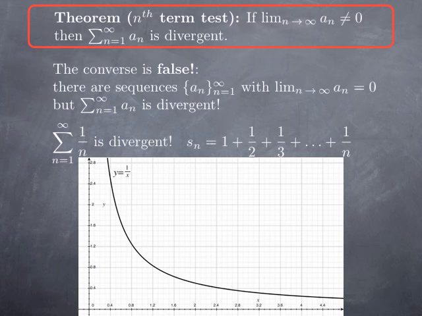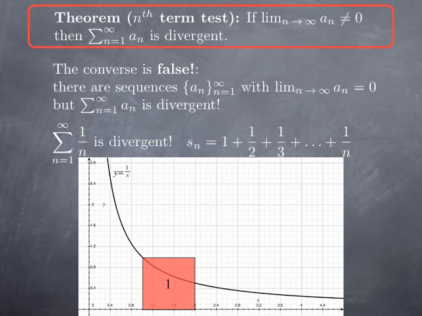Specifically, 1 can be represented as the area of the square that has one side on the x-axis on the interval from 1 to 2, and whose height is given by the value of the function 1 over x at the left-hand point, which in this case is the value at 1, so is 1, and therefore this square has area 1.